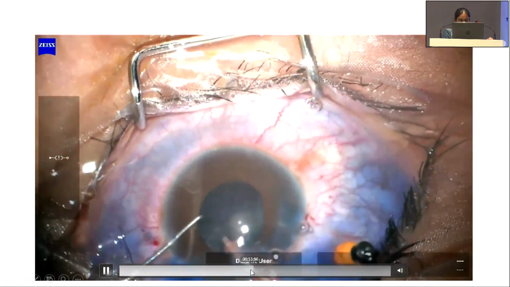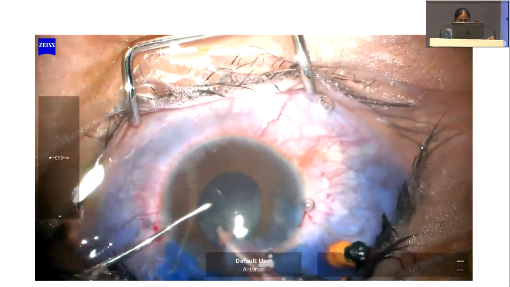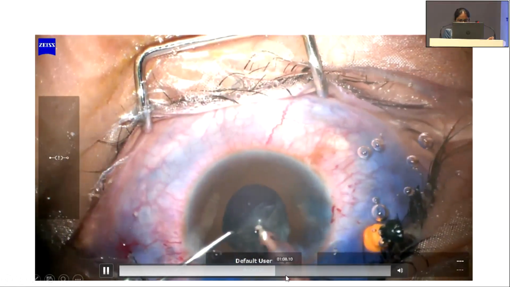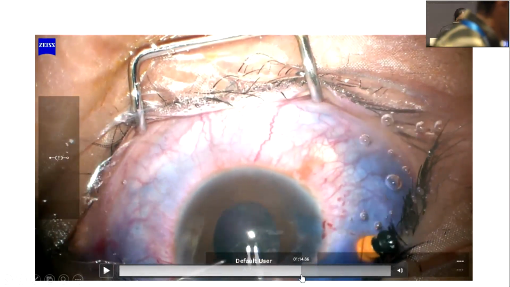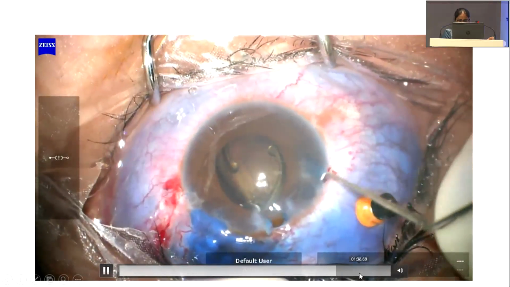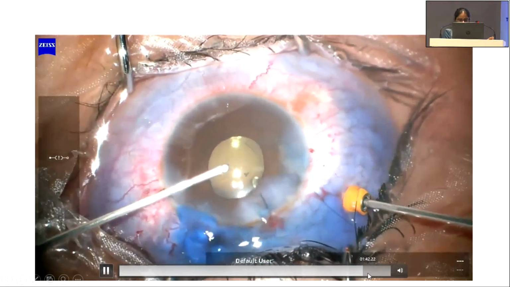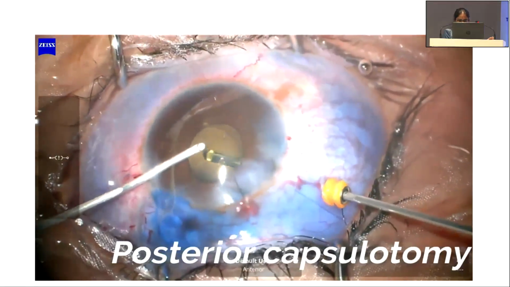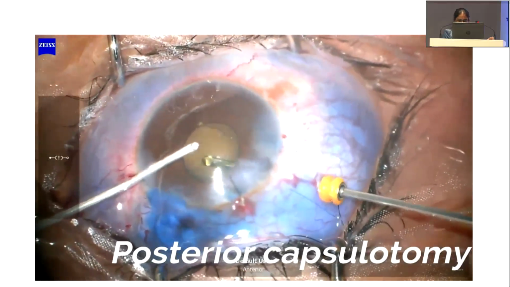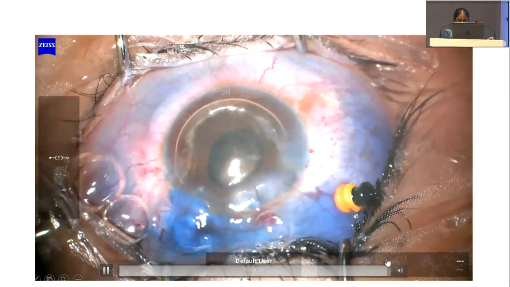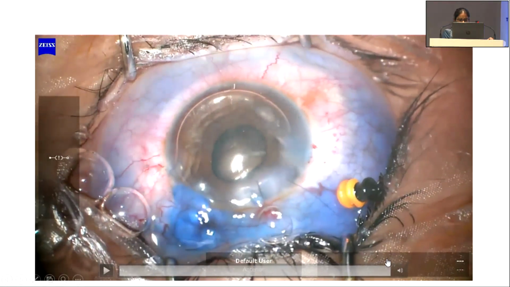And it was a routine clear lens extraction. After putting the IOL, again we did the posterior capsulotomy, and we were able to form the AC.